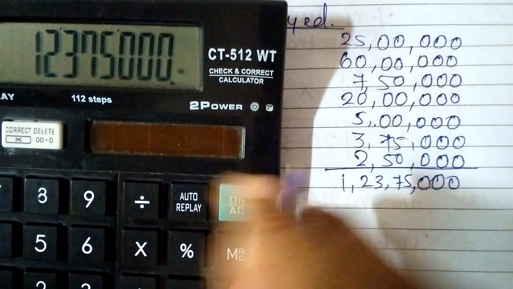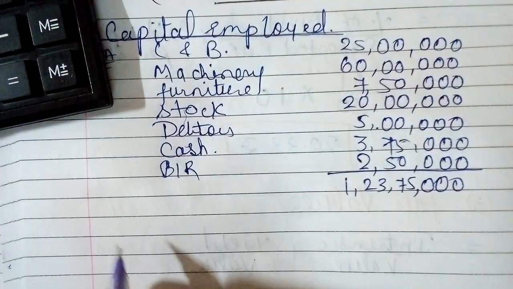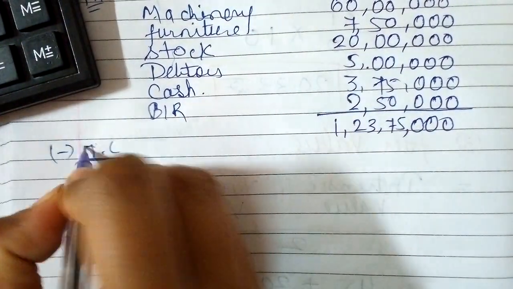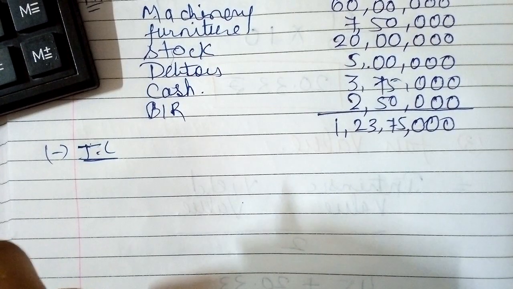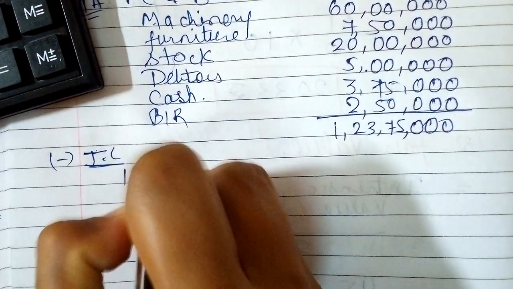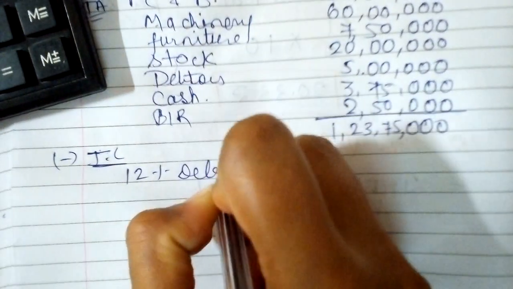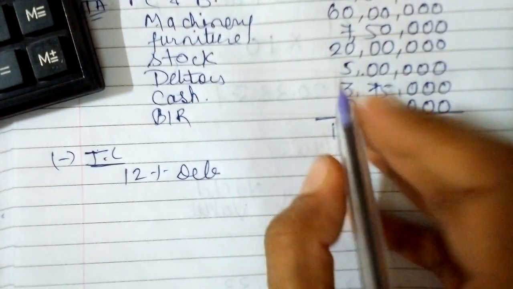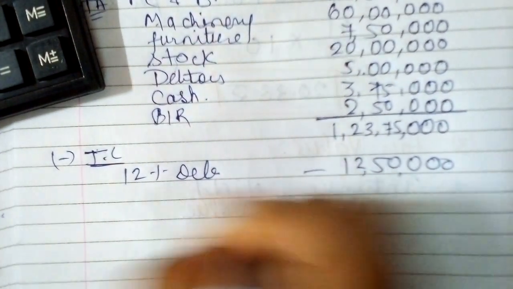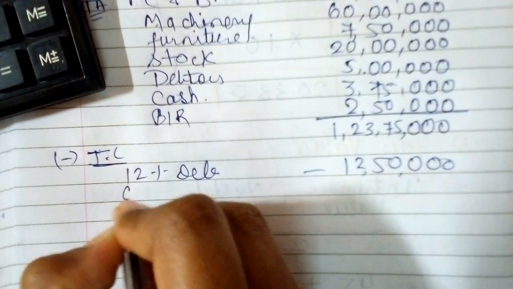Place the zeros and commas properly without any mistakes. Now let us discuss the total. Let us deduct total liabilities. So on the liability side we have 12% debentures, rupees 12,50,000, and creditors.